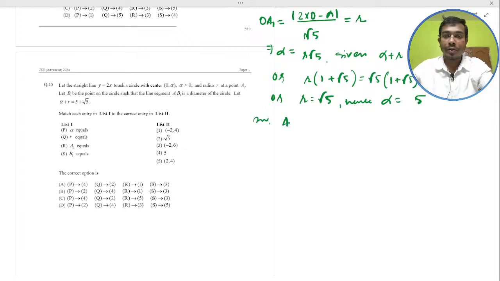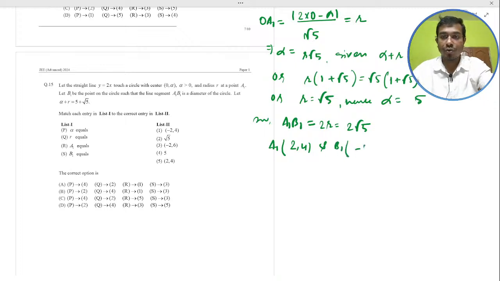Now, A1B1 is what? Twice r, means twice root 5. And the A1 point is (2, 4). And the B1 point is (-2, 6) from elimination.